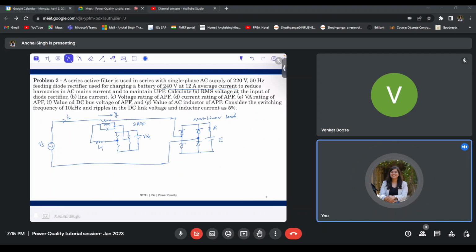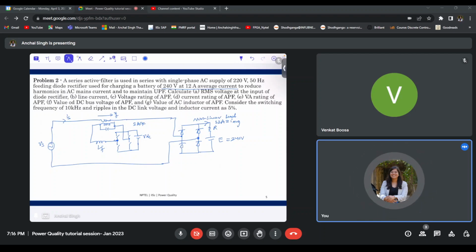Okay, so in this question, we are given that the value of E is 240 volts, and the current that this diode bridge rectifier is drawing is 12 ampere. This is the average current. And we have to reduce the harmonic current. So initially, if I wouldn't put this series active power filter, then the current drawn by the diode bridge rectifier is non-linear in nature, and it has a lot of harmonic components.